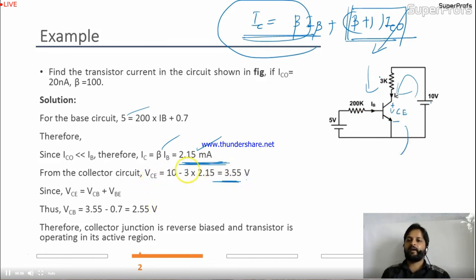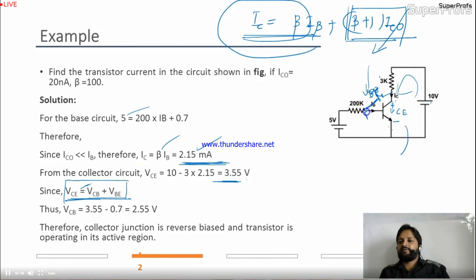Okay. Now VCE is equal to VCB plus VBE. Where is the CB? Here is the CB or not? This is base and this is VCB or BC. Let's take it BC.